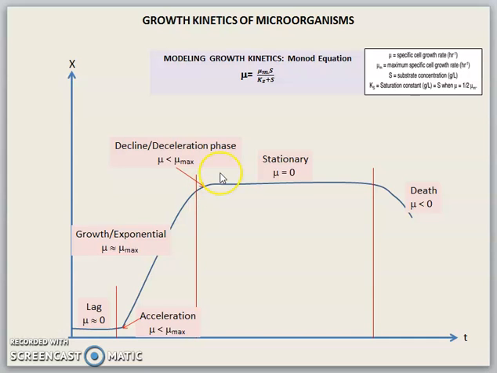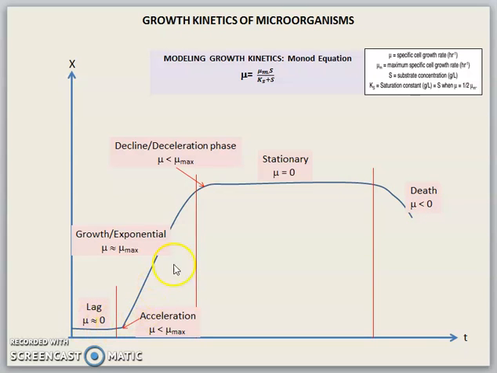Then we have the stationary phase, in which mu equals 0, because there is no more growing. It becomes stationary here. Finally we have the death phase, where the rate is lower than 0.